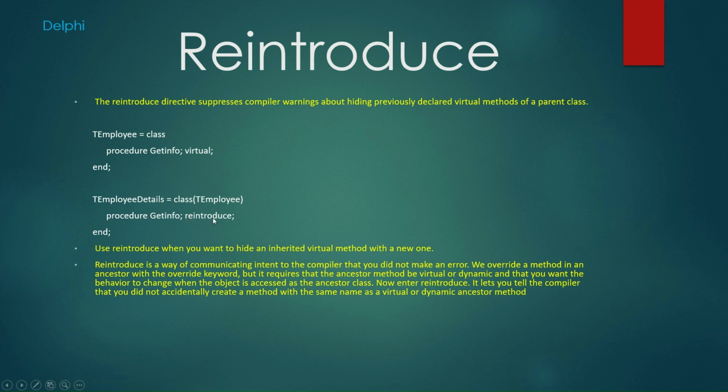Because of reintroduce, it suppresses the warning, and it lets you tell the compiler that you did not accidentally create a method with the same name as a virtual or dynamic method in the ancestor class. So this method is not accidentally created, and that is what it indicates.